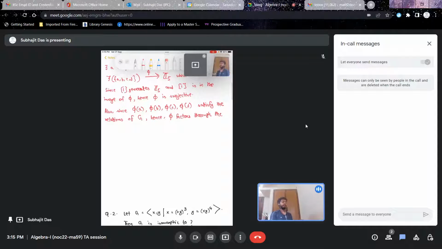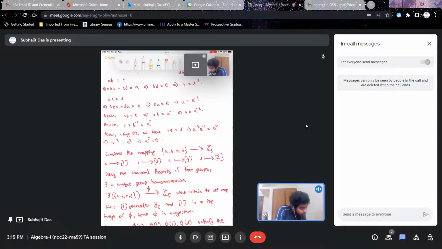So certainly phi factors through the quotient modulo the relations A, B, C inverse, B, C, D inverse, right?